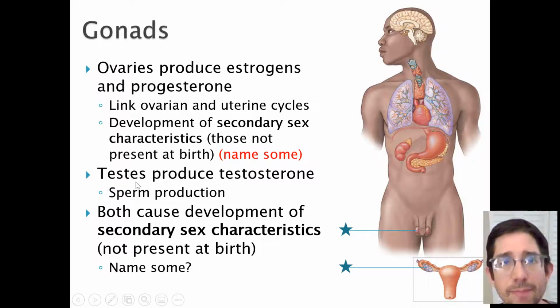We'll just name the male gonads, testes. They make testosterone, and of course they make sperm. Again, testosterone is going to make secondary sex characteristics, stuff that's not present at birth. It's not going to make a penis grow or testes grow, but let's talk about some of these secondary sex characteristics.